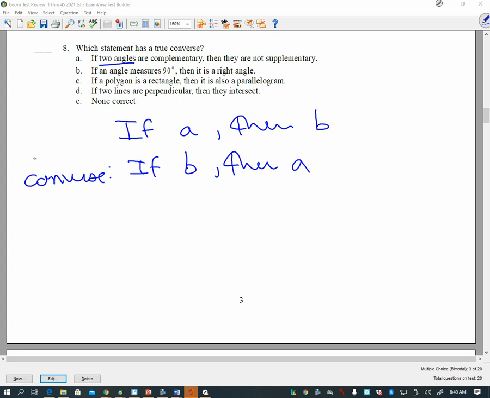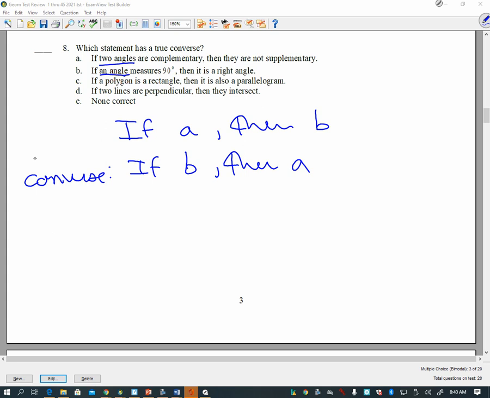False, okay? All right, what's the converse of statement B? If, what's the subject? No. What's the subject? If an angle is what? A right angle, then it measures 90 degrees. Is that true? Yes. So I'm going to write the converse of that statement and write true next to it.